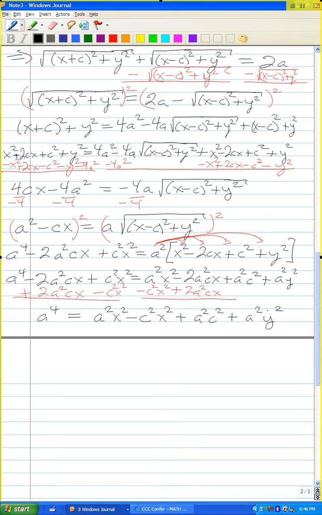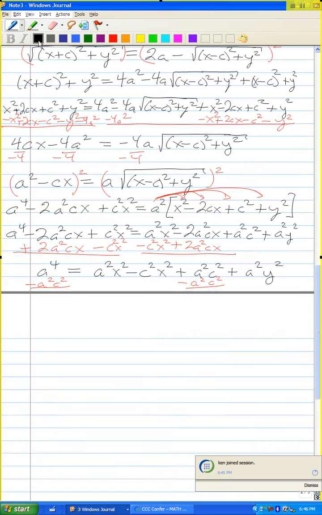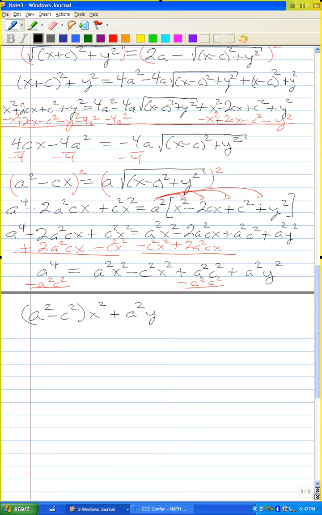Okay. So let me subtract a squared c squared from both sides. And so let's do the a squared x squared first, and let me factor out the x squared. So I have (a squared minus c squared) x squared plus a squared y squared equals a to the fourth minus a squared c squared.